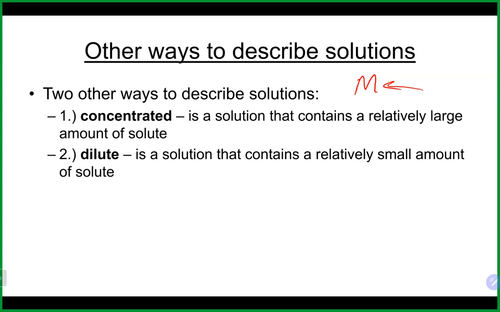The lower the M value, the less concentrated it is. A dilute solution contains a relatively small amount of solute. Most of the time in the lab, that is what you're using. They get it in a more concentrated solution and dilute it down by adding some water, and you get a less concentrated solution, not as strong, if you will.